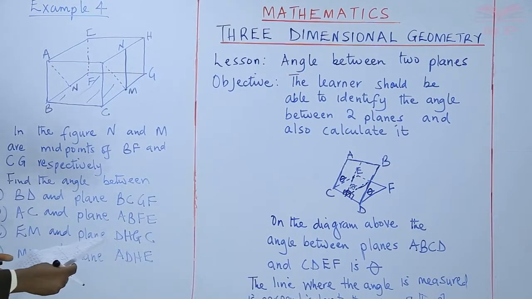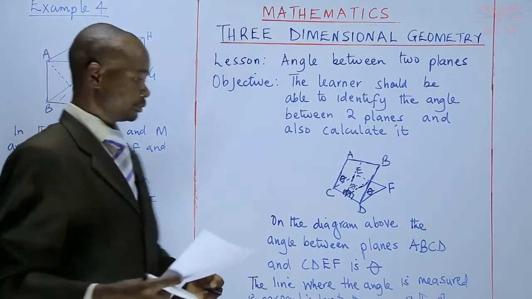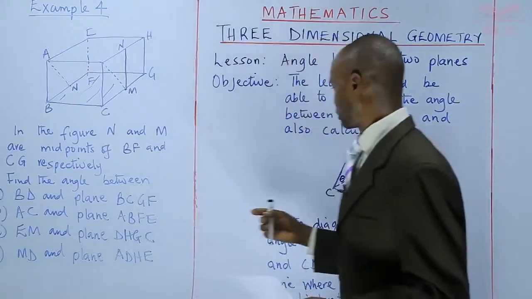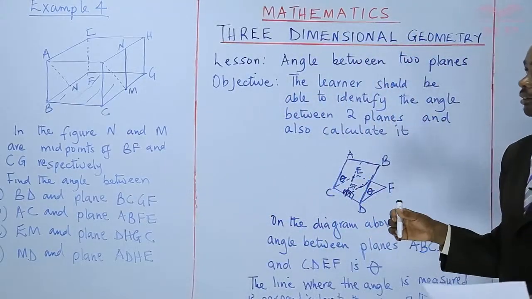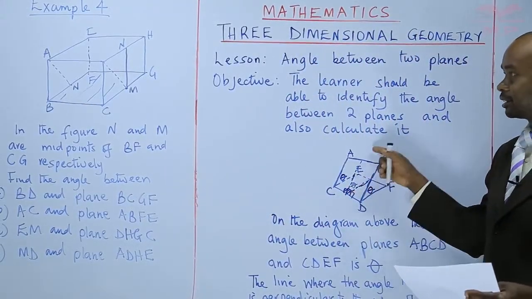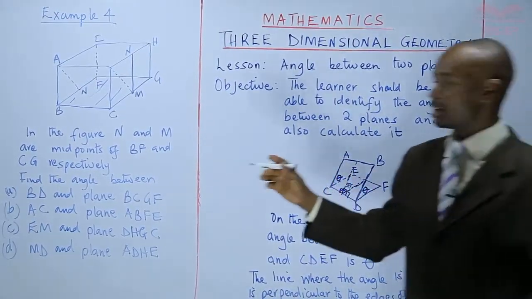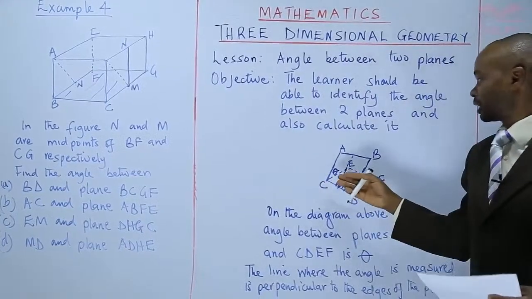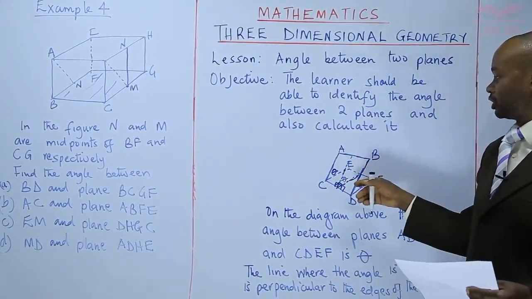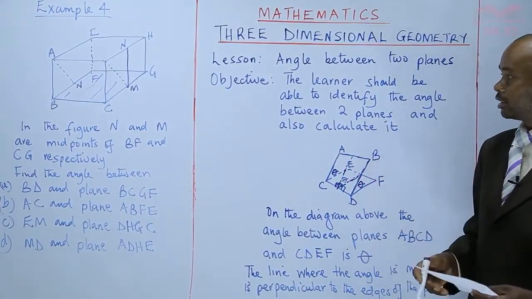In the question, it stimulates you to first of all get a line. The angle between a line on a plane and the other plane is the same as the angle between the line, the plane where the line is, and the other plane.